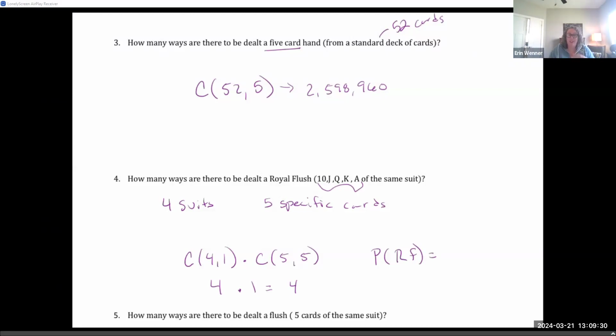The probability of actually getting that royal flush is those 4 possible outcomes out of the 2,598,960 ways to get a hand, which is super tiny. The probability of that happening is, oh my gosh, let me count all the zeros. 1.